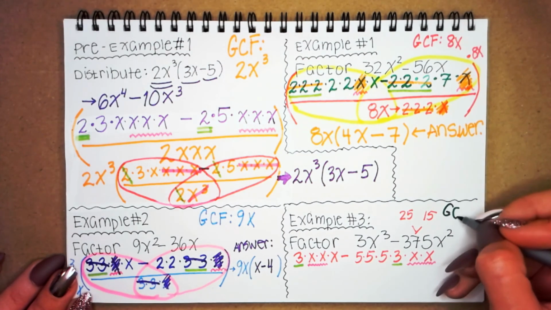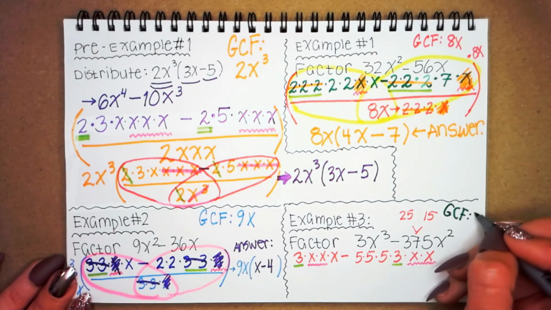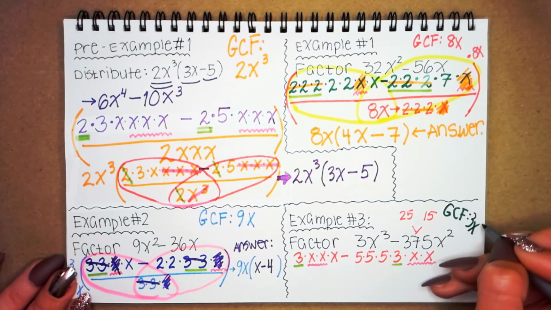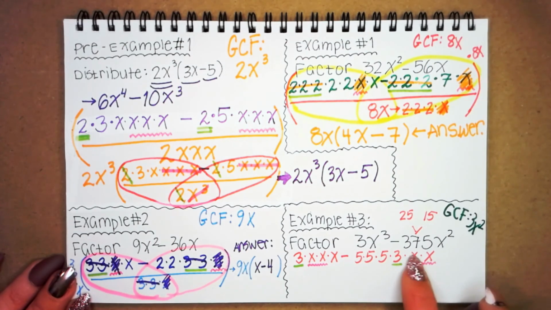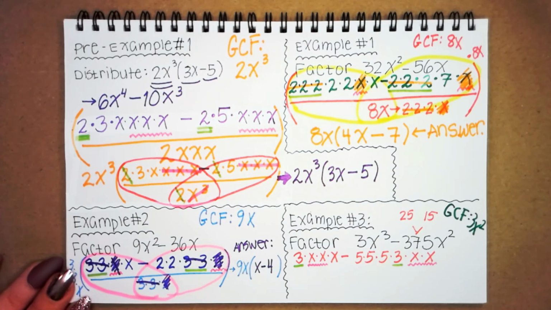This means that the GCF is 3x to the second. So even though this has a very big number, 375, the greatest common factor is still only 3. It's the biggest thing they both have in common.